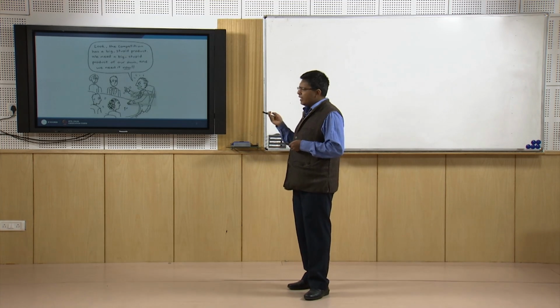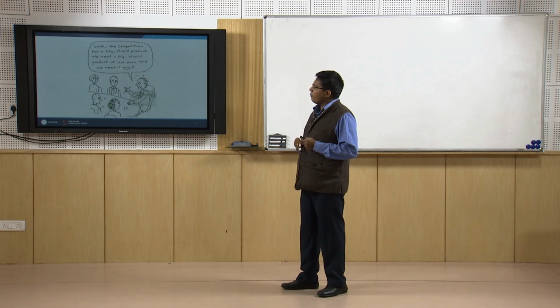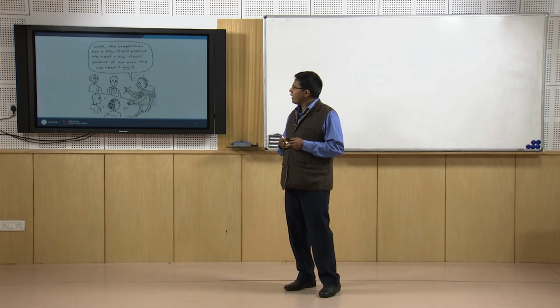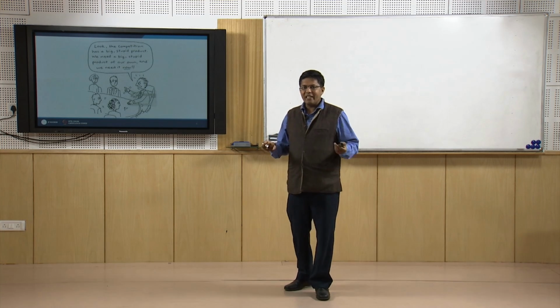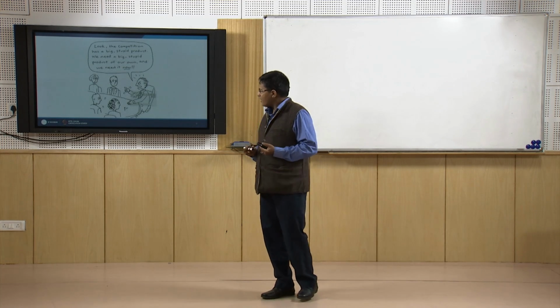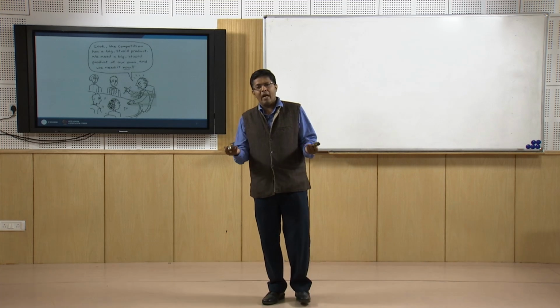Now, let us look at it here, and it says, look, the competition has a big stupid product, we need a big stupid product of our own and we need it now. So, when I am saying this, it suggests how people try to approach a particular problem in hand.